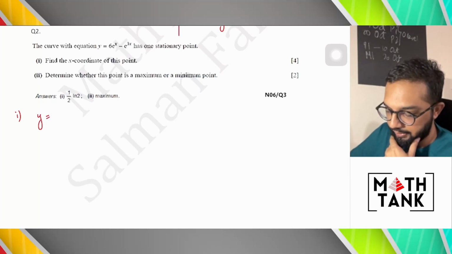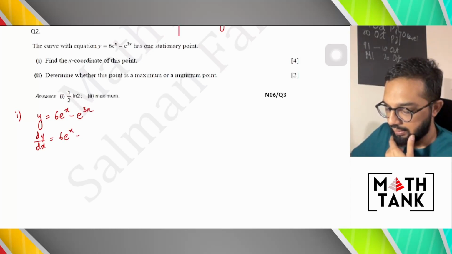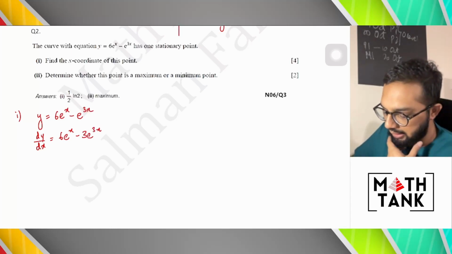So y equals 6e to the power x minus e to the power 3x. dy by dx is 6e^x minus 3e^3x, e to the power 3x into 3 basically. Now I have to find the x coordinate of the stationary point.